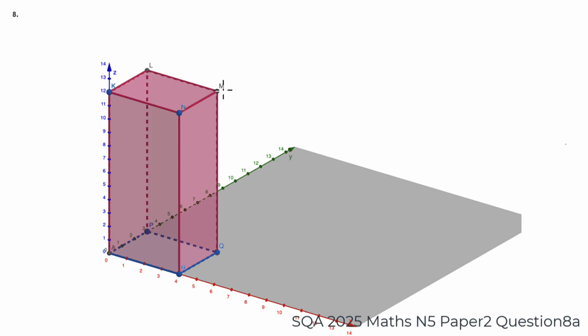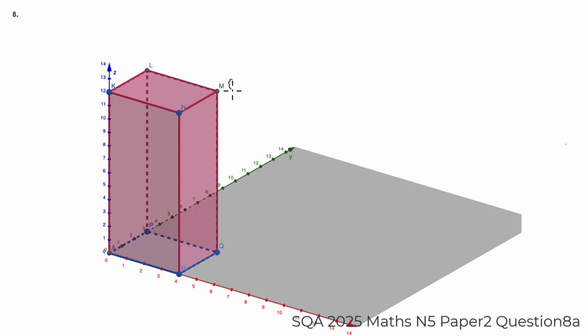So to find the coordinates of this point M, along the x-axis, let's start at the origin, we go 4 units, we reach the point R there. And remember, we're trying to get up to M, so 4 units along the x-axis, 3 units parallel to the y-axis, and then 12 units up parallel to the z-axis.